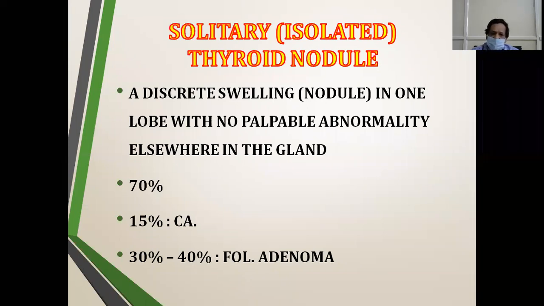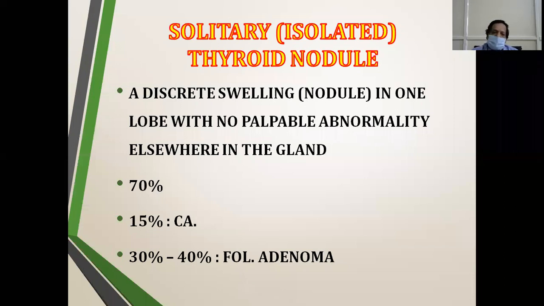Then the next question is, what conditions can cause the solitary or isolated thyroid nodule? 30 to 40% of these nodules are produced by follicular adenoma. We have already discussed papillary adenoma. Even if it is well encapsulated, it is considered papillary carcinoma only, and there is no entity like papillary adenoma in thyroid.